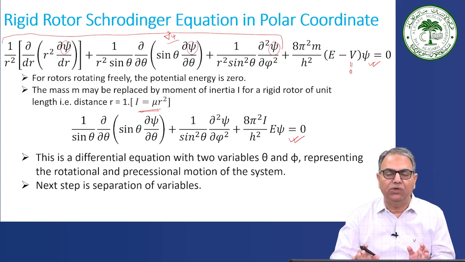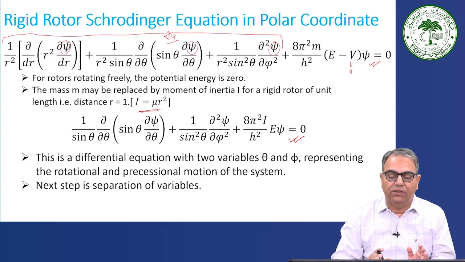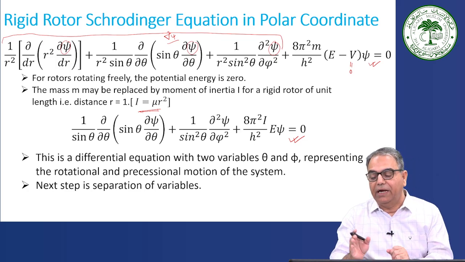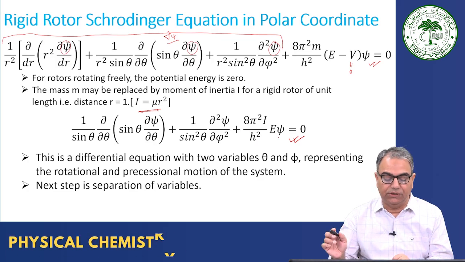And if r is equal to 1 and it is a fixed quantity, then the first term, the r part of the Schrodinger wave equation, goes. The second term becomes a little more simple. The third term also becomes simple, and the fourth term becomes even simpler, because now you have 8 pi square I by h square E psi is equal to 0.